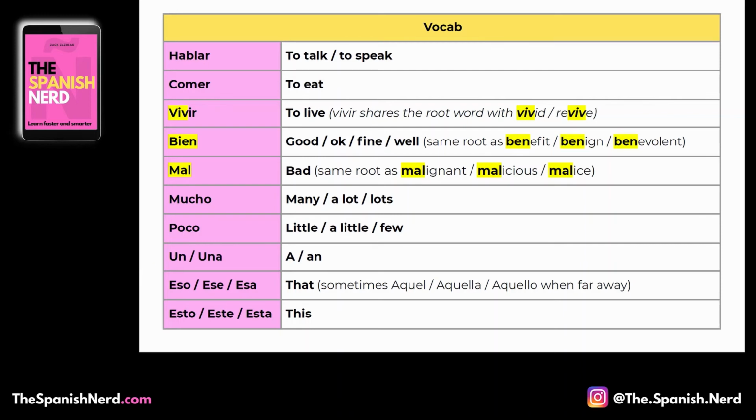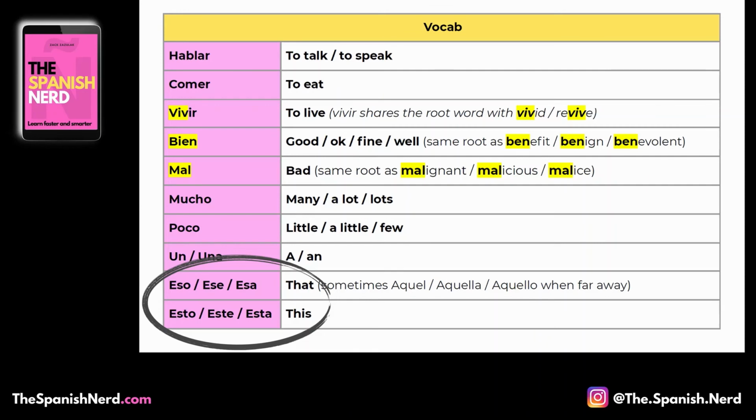Memorize these. Then we have the words that and this. And in Spanish, that would either be eso, ese, esa. This would be esto, este, esta. Now, this tends to be something that learners let themselves get a little bit of a mental block about. They worry about this a lot. Don't worry too much about this. How about in the beginning, stick to the ones that end in an O, okay? Just pay attention to how they will change with the ending depending on if the word that it's referring to is a masculine word or feminine word.